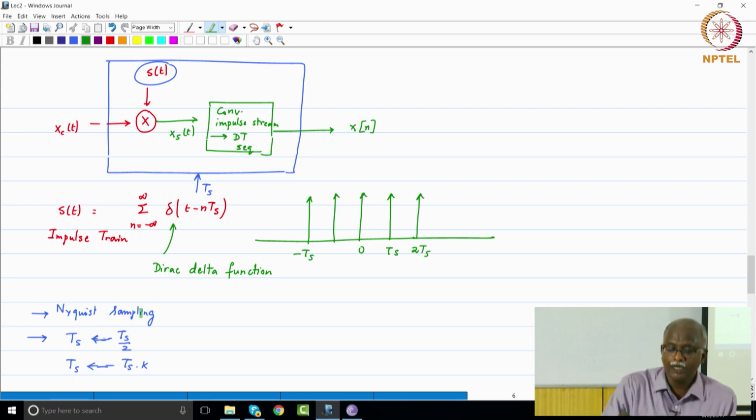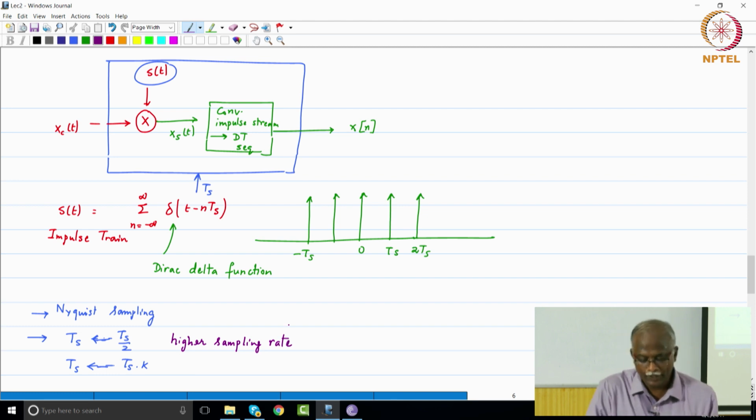So here are some alternate schemes. This is a scheme where I have a higher sampling rate because my sampling period has been reduced, and of course if I go the other direction, I will get the opposite result, a lower sampling rate. Okay, so this is the starting point.